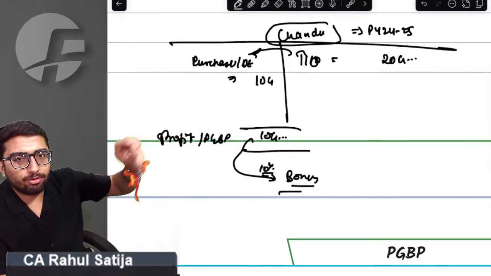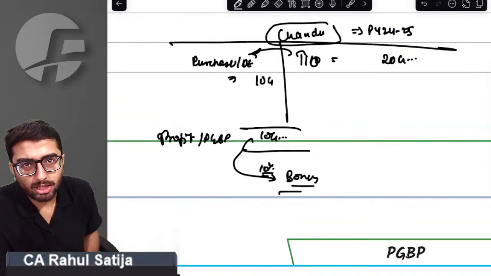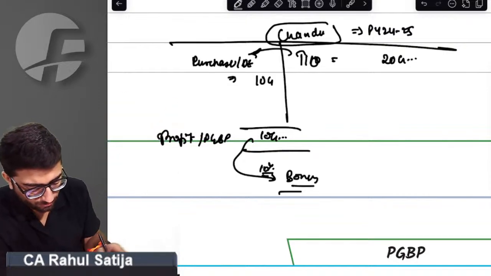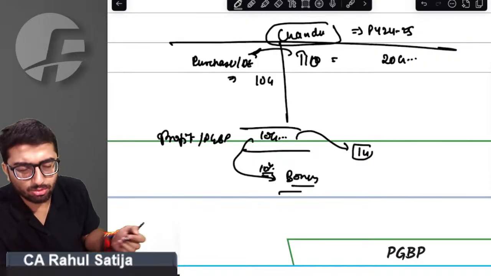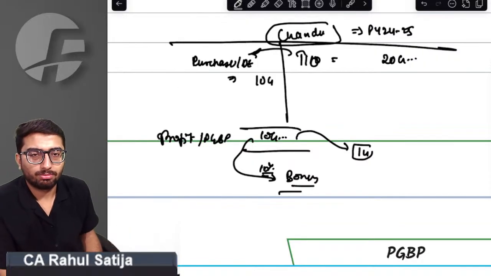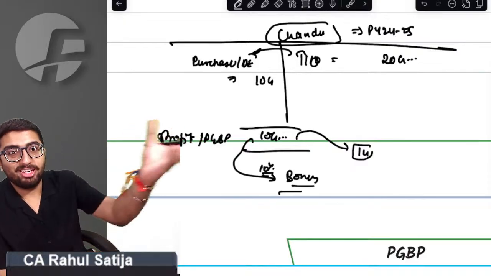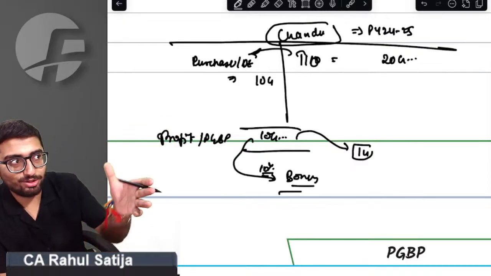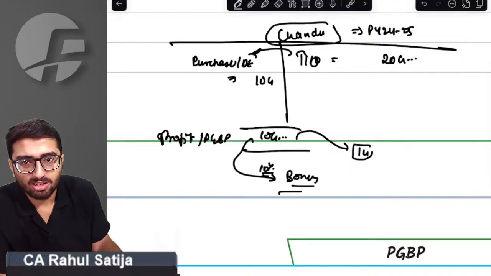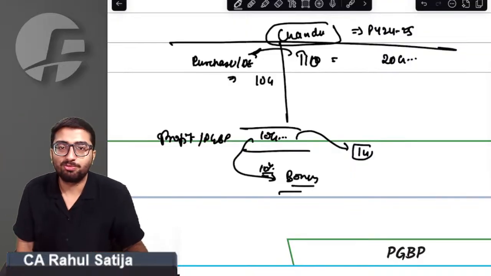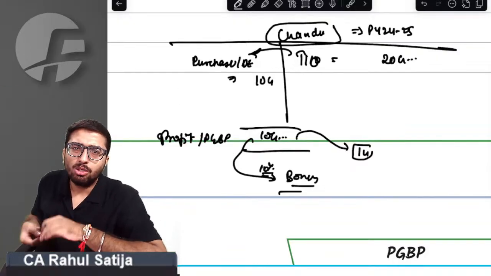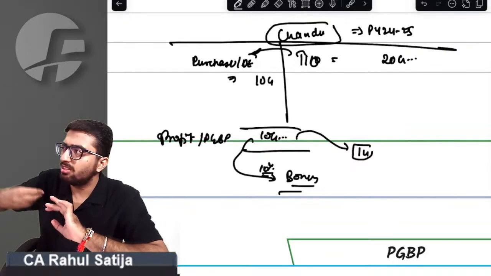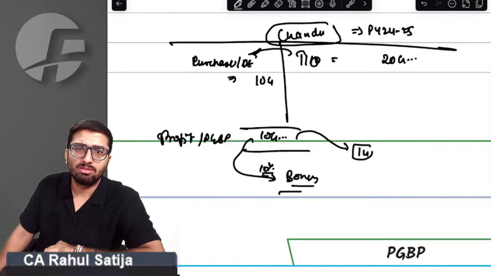He wrote a check of rupees 1 crore and gave it to the labor union. So 1 crore bonus has been given by Chandu to the employees. As soon as he gave the check to the employee union, they tore the check into pieces and threw it on the face of Chandu.